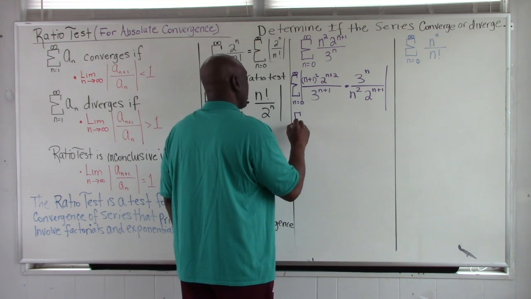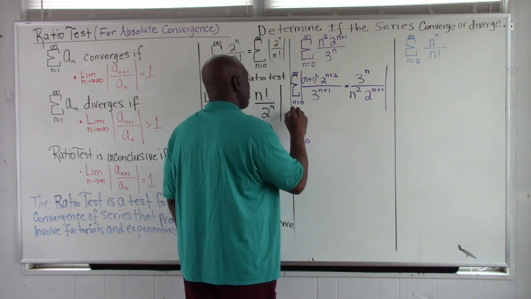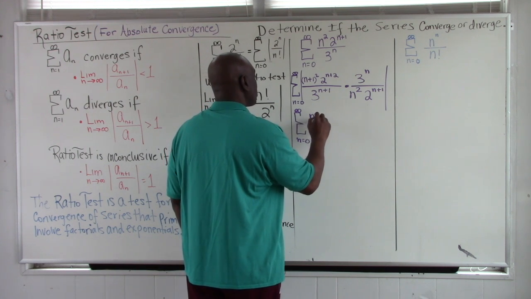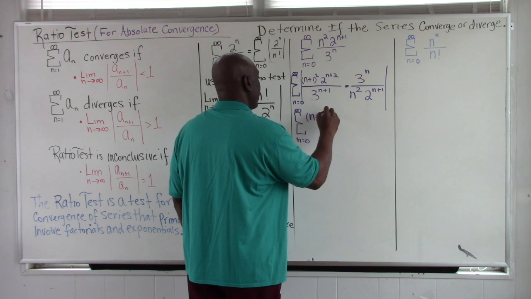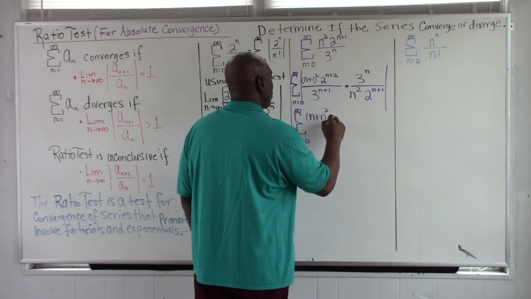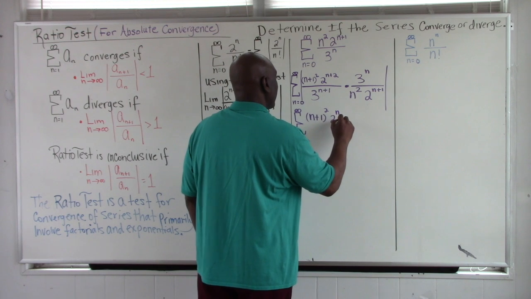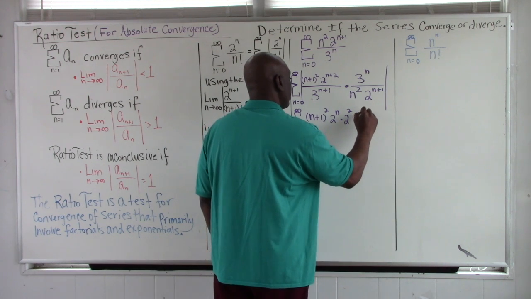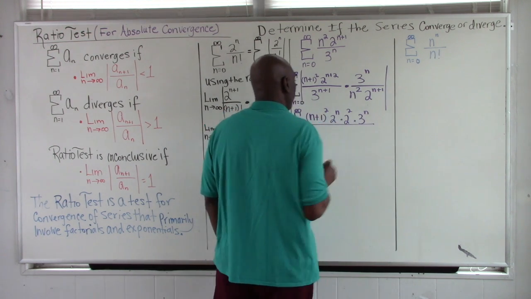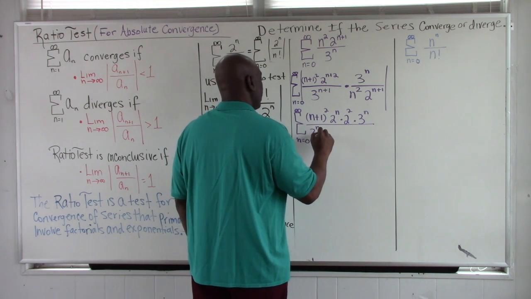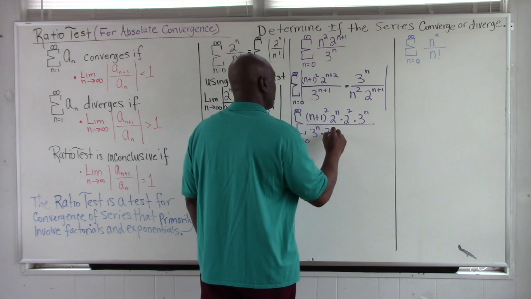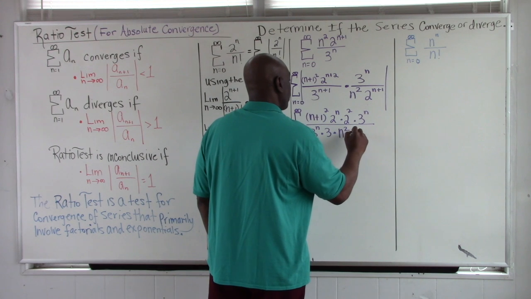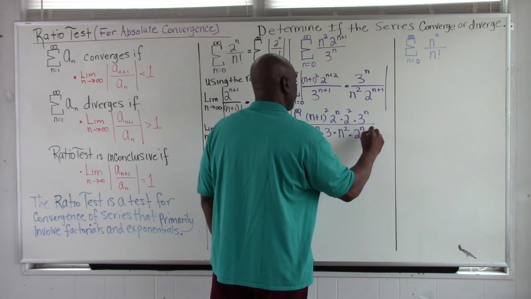So I have my series n equals 0 going all the way to infinity. And here we go. We're going to have n plus 1 quantity squared times 2^n times 2 squared times 3^n over 3^n times 3 times n squared times 2^n times 2.